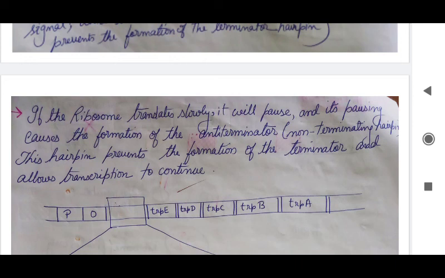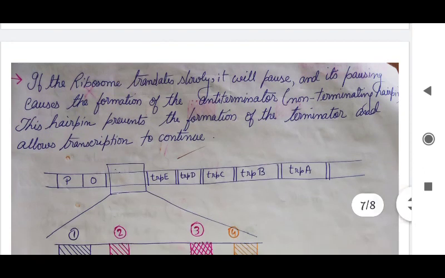When the ribosome translates slowly, it pauses, and due to its pausing, it causes the formation of this anti-terminator hairpin formed by the attenuator, and this hairpin will prevent the formation of the terminator hairpin loop, and thus it allows the RNA polymerase to continue the transcription, and carries out the transcription of trpE, D, C, B, A, followed by the ribosome also.